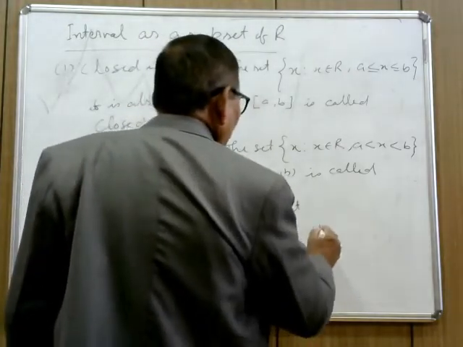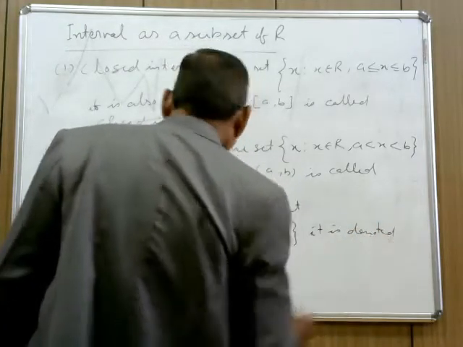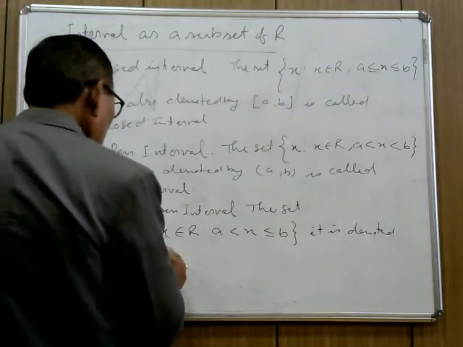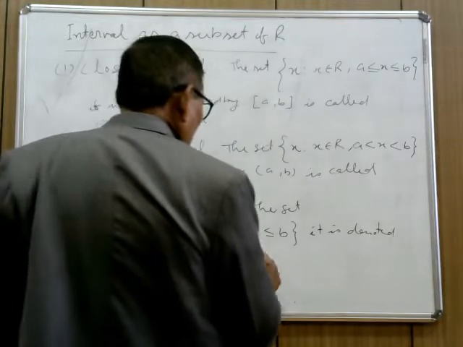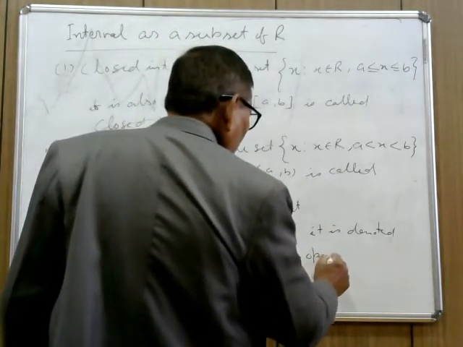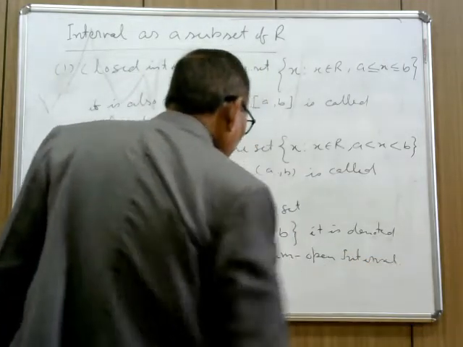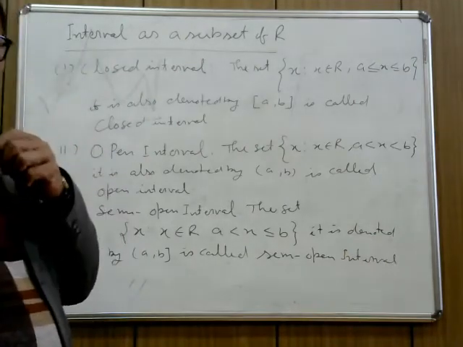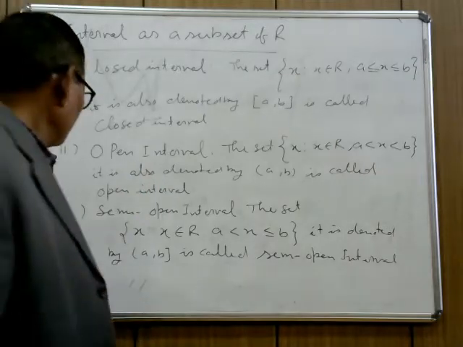It is denoted by (a, b] and is called semi-open interval. This consists of all real values between a and b, including b and excluding a.